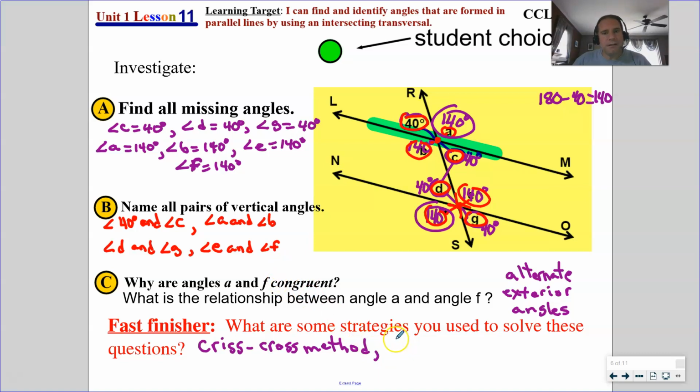Or you could go by, you know, an obtuse angle looks the same as another obtuse angle.